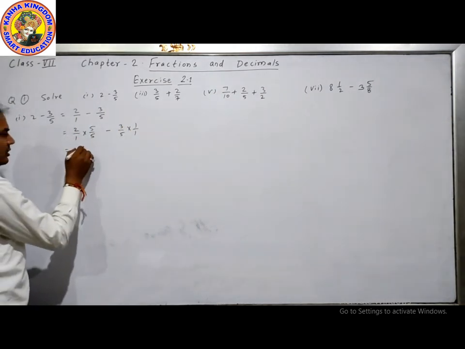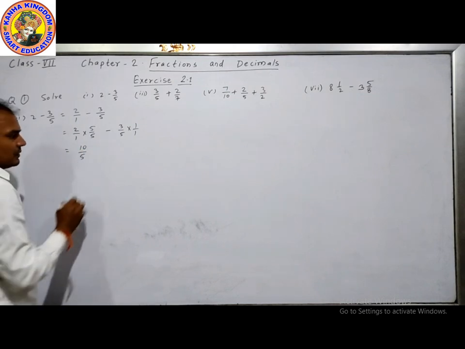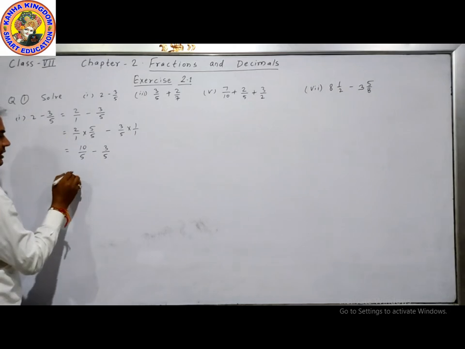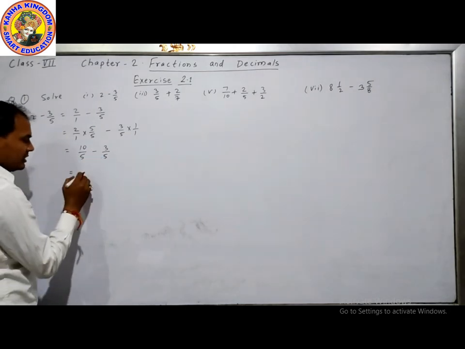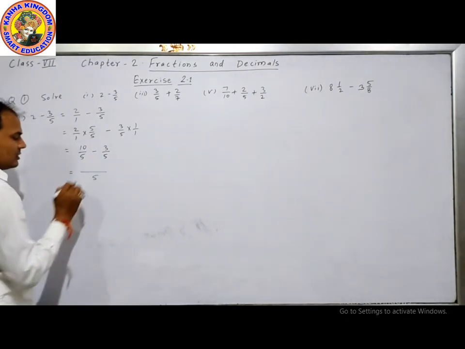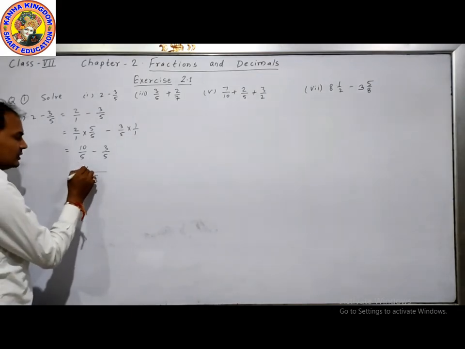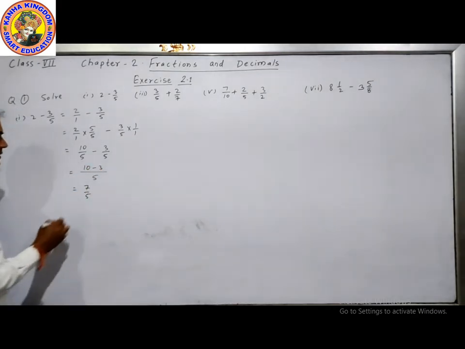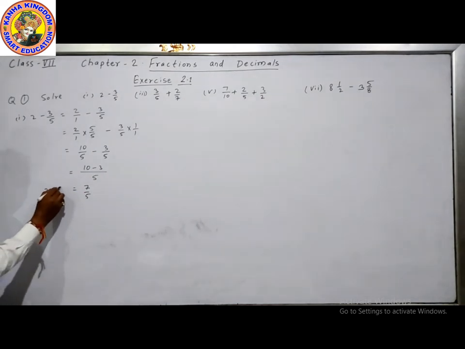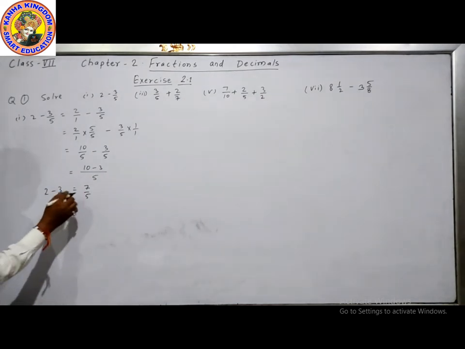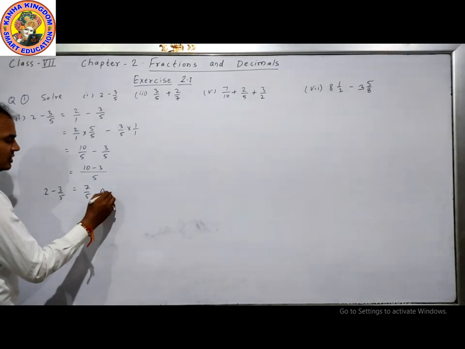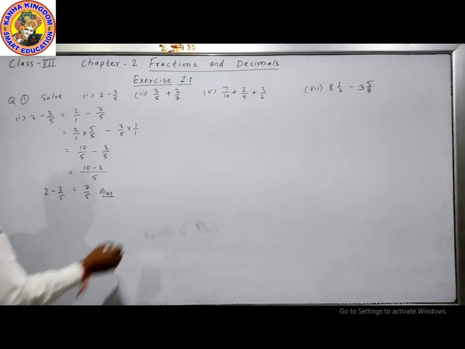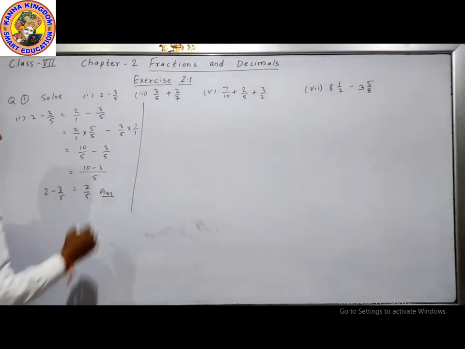Then 10 upon 5 minus 3 upon 5. Then the denominator is equal. This is 5, 10 minus 3, 7 by 5. So 2 minus 3 by 5, the answer is 7 by 5. This is our first question.